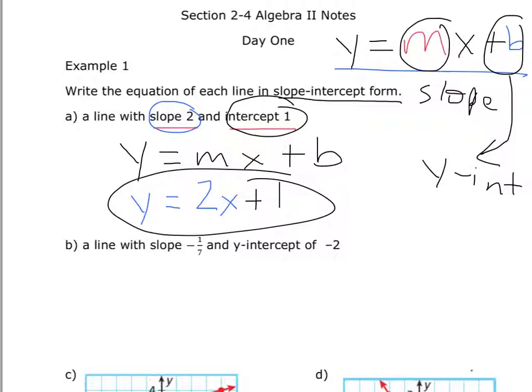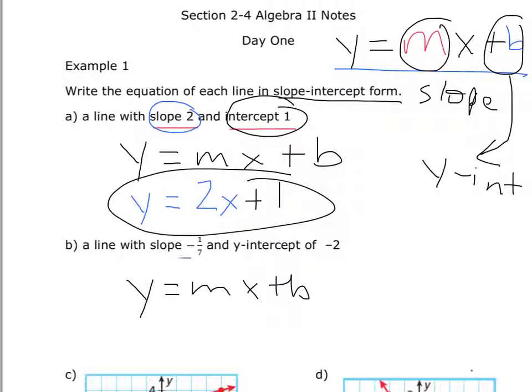Now I want you to pause the video and do letter B on your own. Once you've tried letter B on your own, let's check it. I should end up with y equals mx plus b.